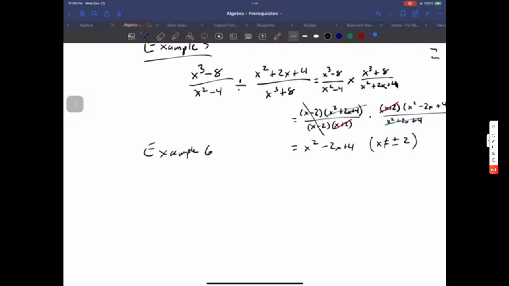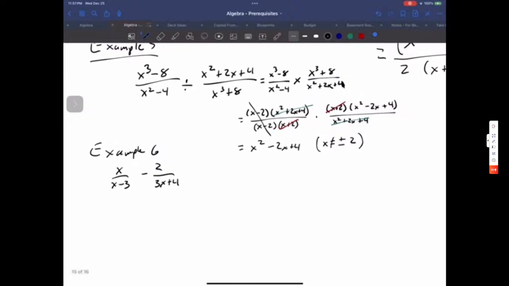If we look at subtraction, x over x minus 3 minus 2 over 3x plus 4, if you remember your fractions, what you would do is least common denominator, or you could just do the classic, we're going to multiply this by this, 3x plus 4 over x minus 3, and then multiply the other one, subtract, times x minus 3, and then 2 times x minus 3.